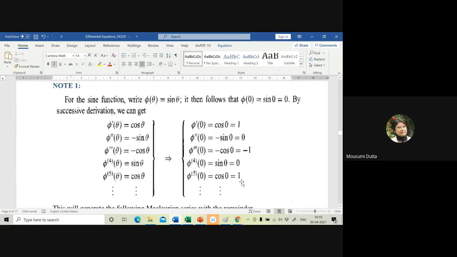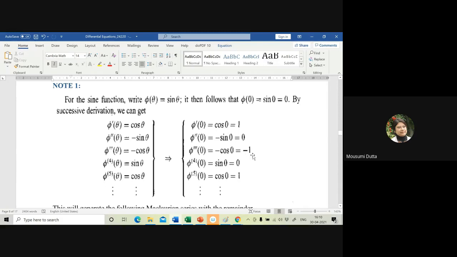So what I am finding is that if I present the expression in terms of sine theta and consider the continuous derivative with respect to time, the expression will move within the band minus 1 to plus 1.